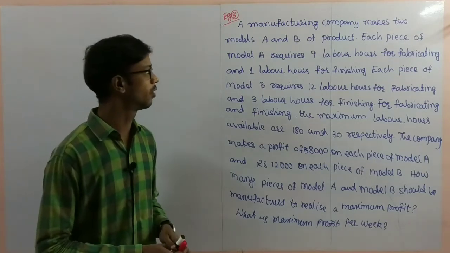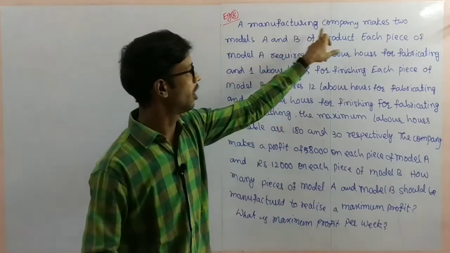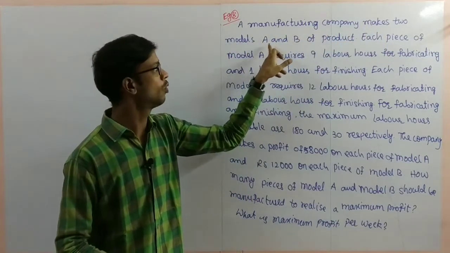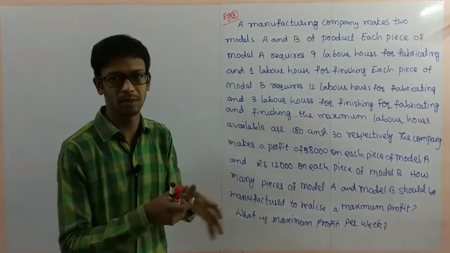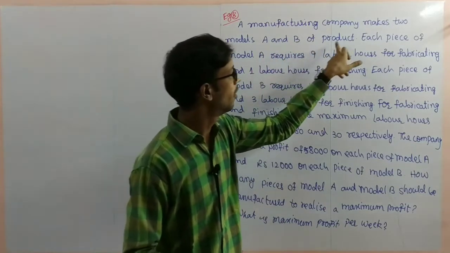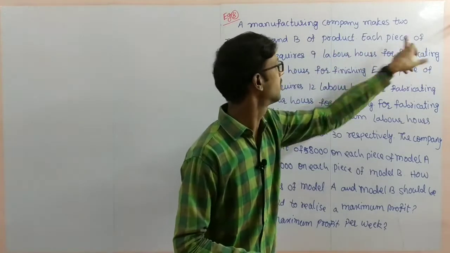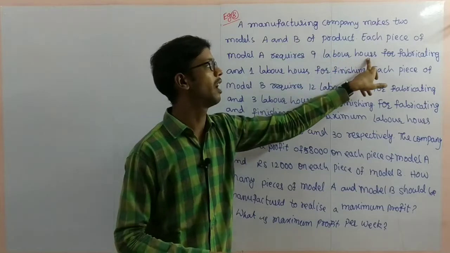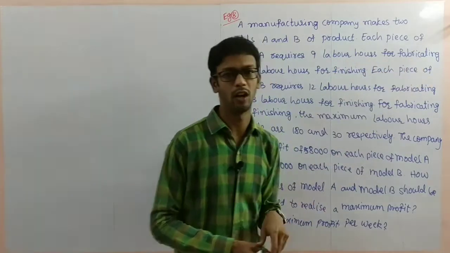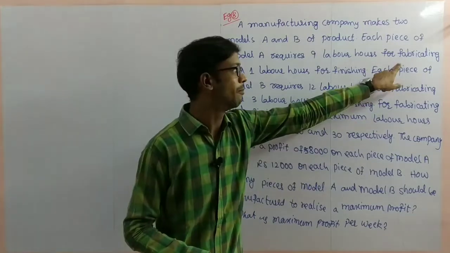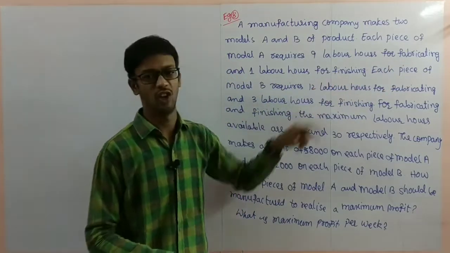Read the question carefully here. A manufacturing company makes two types of items, A and B, of product. Each piece of model A requires 9 labor hours for fabrication. There are two processes for making one product: fabricating and finishing.